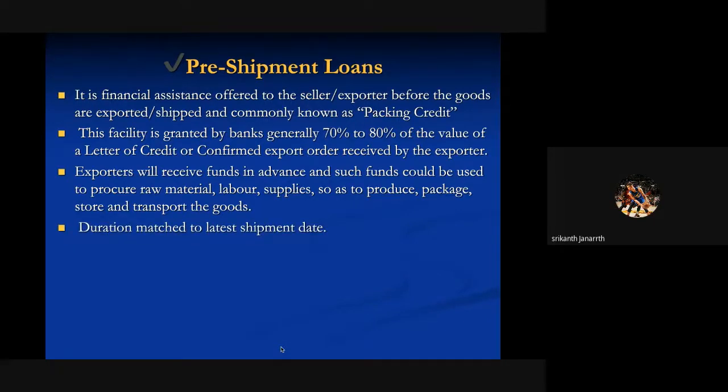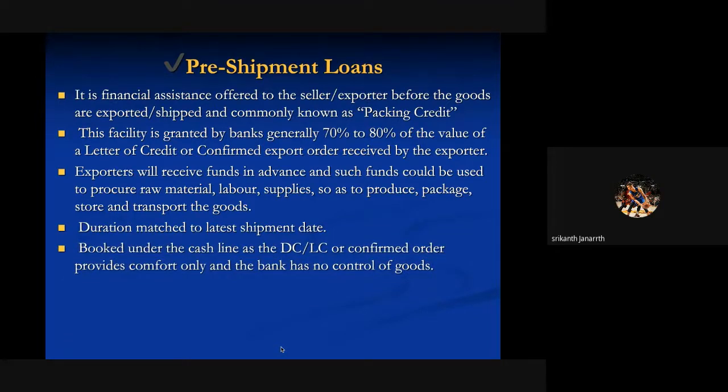What will they do? They ship the goods. When the export money comes, 100,000, the bank will recover 75,000 and give the balance 25,000 to the exporter. That is what we call pre-shipment guarantee. Here the bank is granting a loan before the exporter ships the goods. Pre means before the shipment. So the facility is granted for the exporters to arrange the goods. That is what we call packing credit.